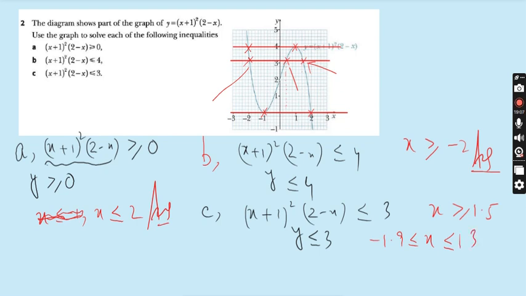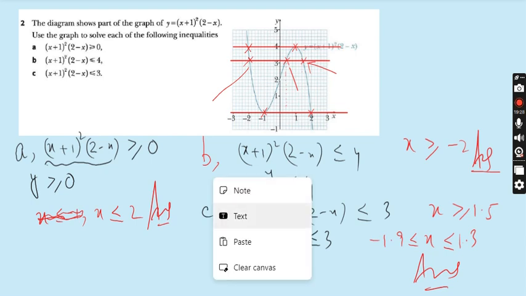Read carefully. So this is our answer. The values of x from minus 1.9 to 1.3, or the second portion is x greater than or equal to 5. So students, hope you understand whole question number 2. Move to next question.